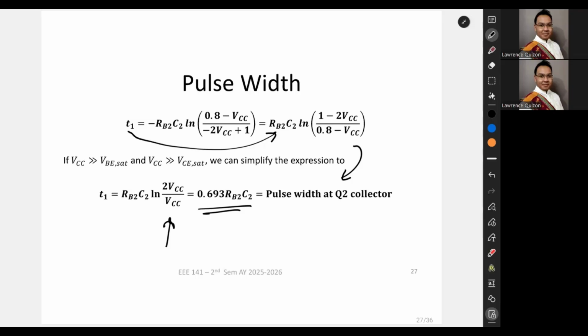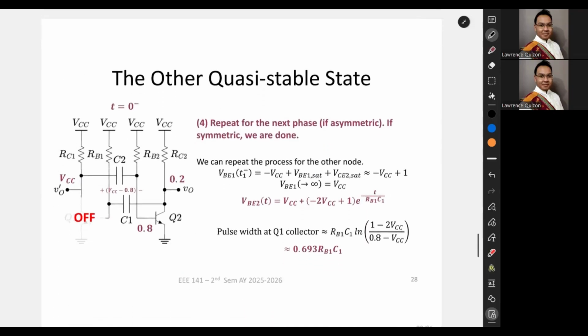Now, lastly, we repeat the analysis for the other quasi-stable state. So it's all just symmetric to what we did earlier. So we find out VBE1 just before Q1 turns on, we find this is also about negative VCC plus 1.